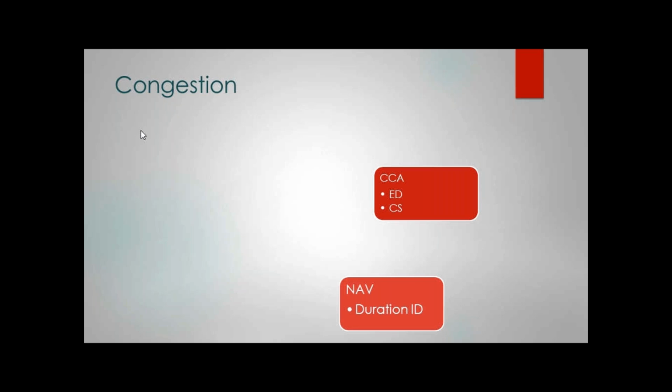Then we have another one that is called virtual carrier sense, and it's called NAV, network allocation vector. In this part of the communication, I'm going to hear a signal, and this signal has some part in the frame that says I will use the medium for 100 microseconds, for example.